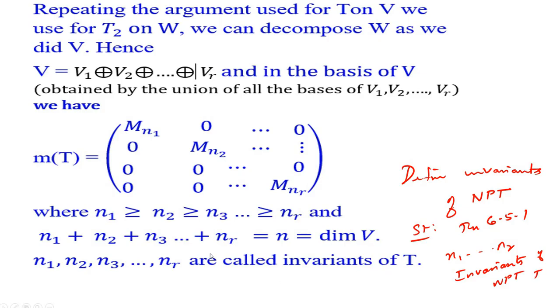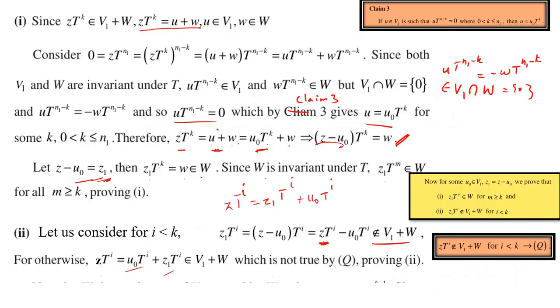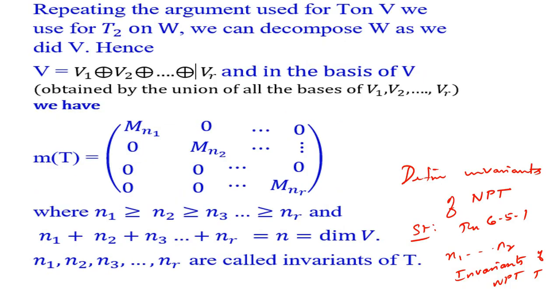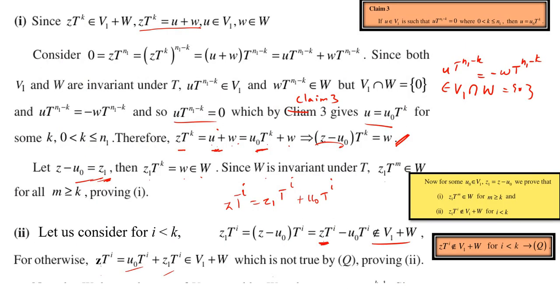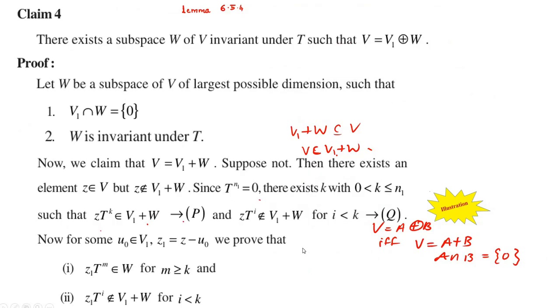So basis, MNIs, and this part: these are the major steps, and with the claims 1, 2, 3, 4, we can have it. Sometimes even claim 4 itself can be asked as a section C question, right? So this needs practice.